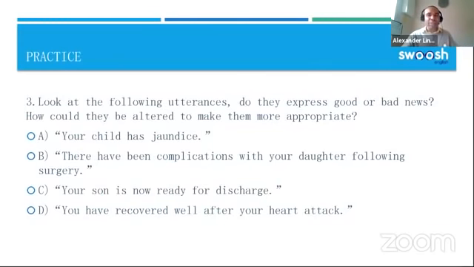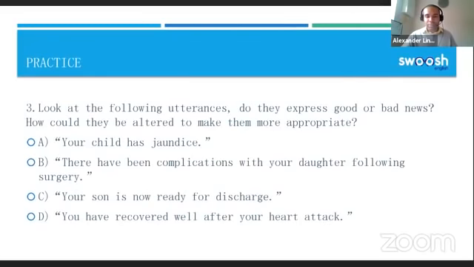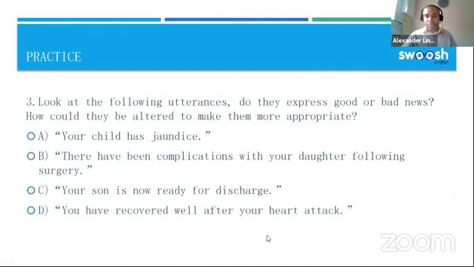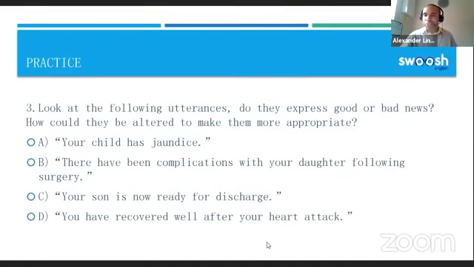And how could you make them more appropriate? So I'm going to give you a little bit of time to share your ideas in the chat, and then we'll see what you come up with.